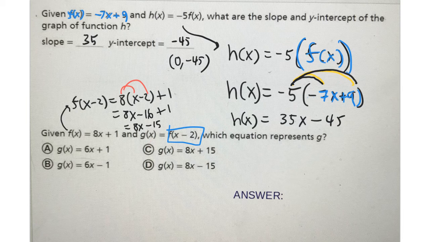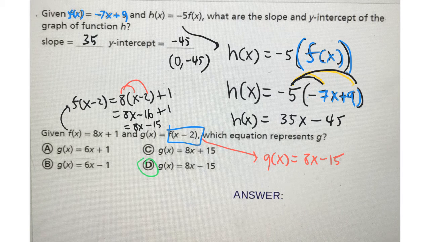So when they say g of x equals f of x minus 2, really what they're saying is that g of x equals 8x minus 15, right? Because we totally figured out what f of x minus 2 is. So this is the answer. Answer choice D is the answer, therefore.